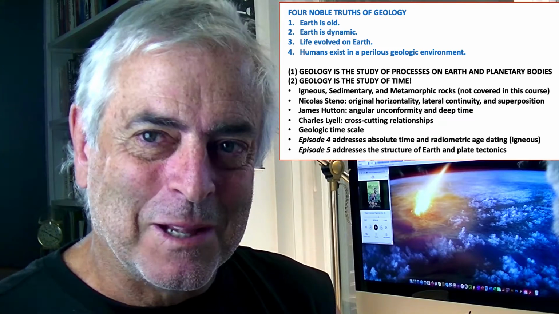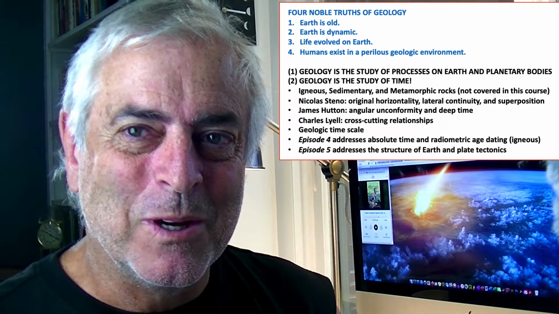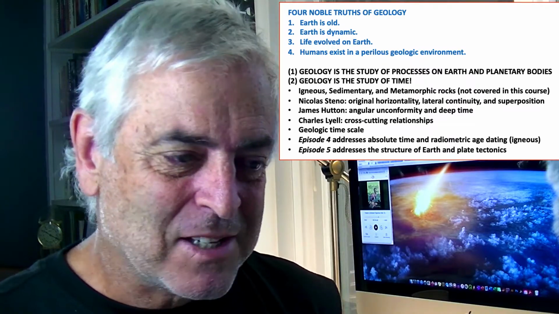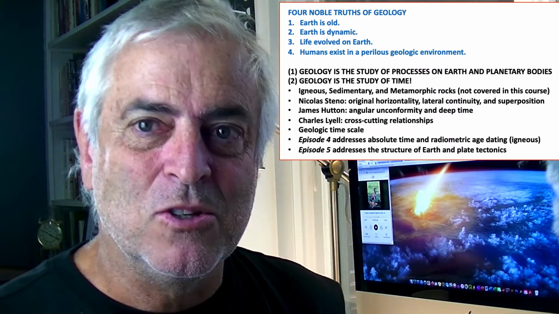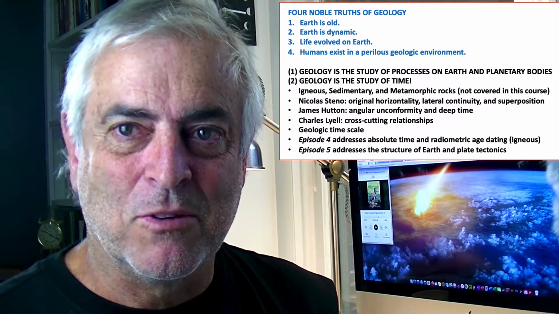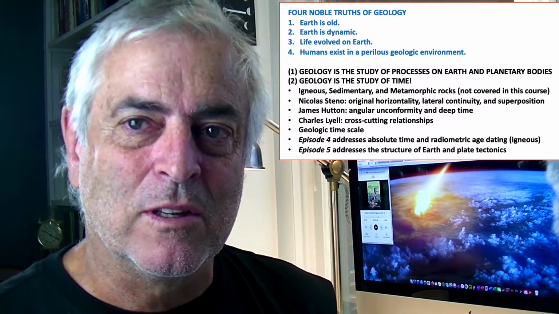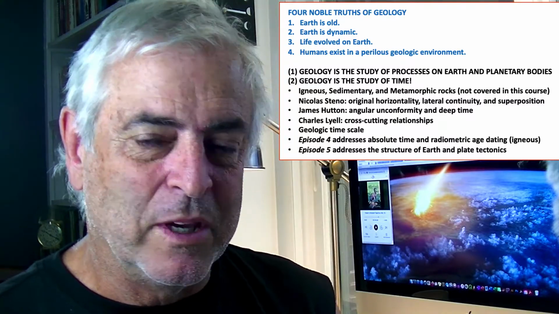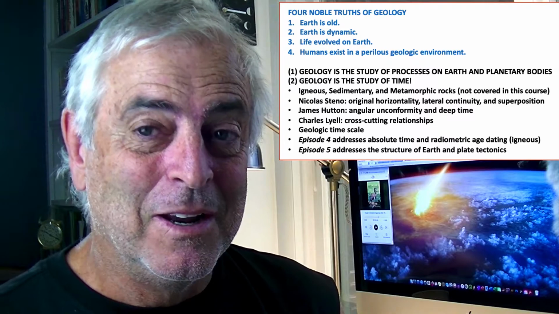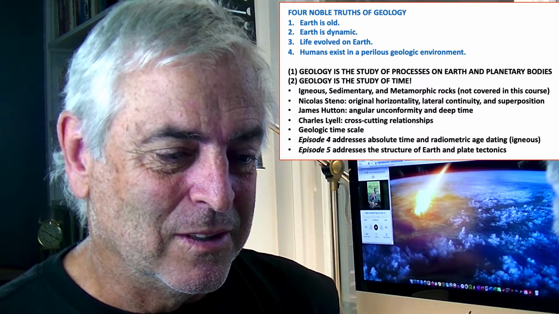We don't know exactly where life came from, but we're pretty sure that it evolved on Earth. And then lastly, humans exist in a perilous geologic environment, and we can take some lessons from the past as well. That's one of the reasons why this course is offered, so that we can learn and not have the same things happen to us that happened to the non-avian dinosaurs. That would be a good thing.